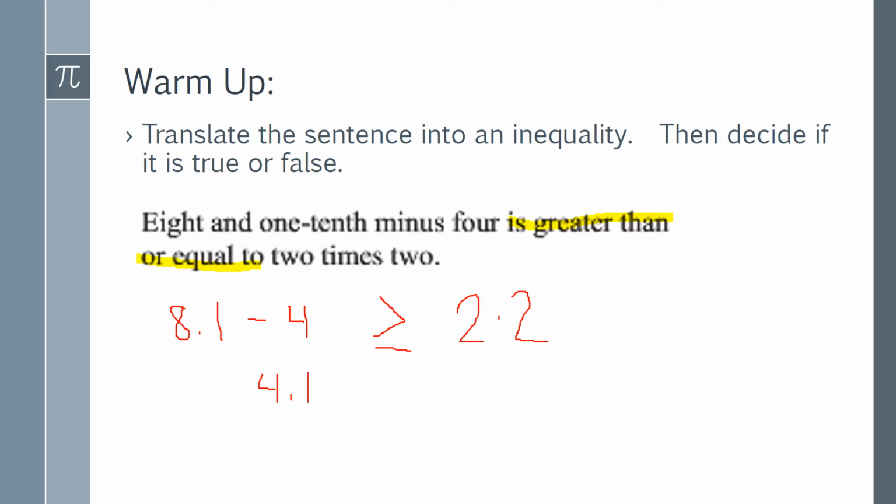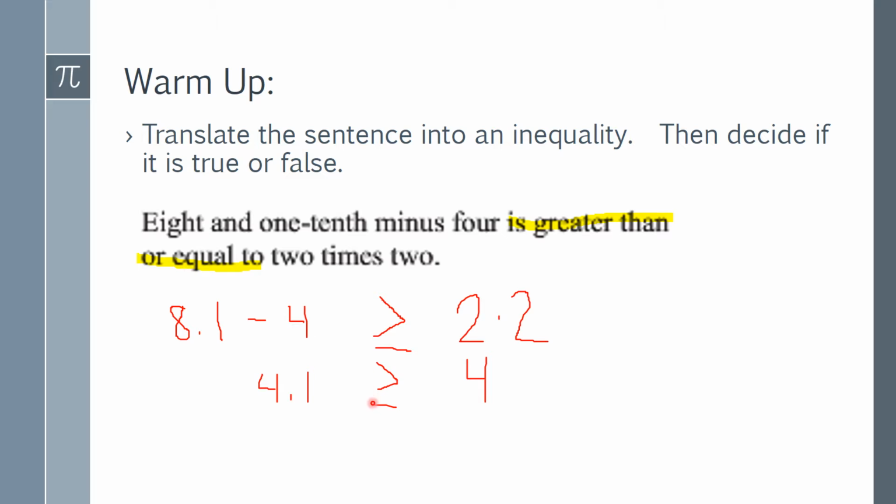So we have 8.1 minus 4, that's 4.1, is greater than or equal to 4. All I did was simplify the two sides. So I took 8.1 minus 4, that gave me the 4.1, and then 2 times 2 gave me the 4.